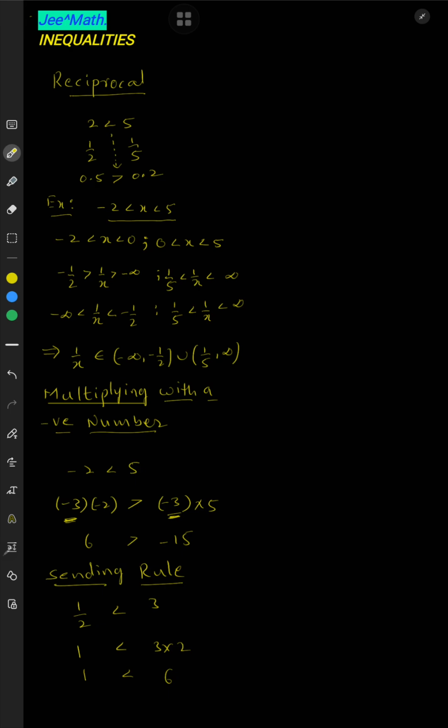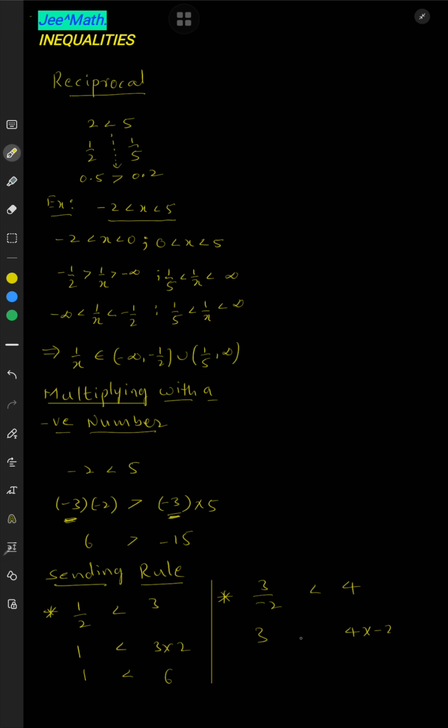What about when we send negative numbers to the other side? Suppose 3 by -2 is less than 4. Now I am going to send this negative number to the other side. Then we get 3 here, and 4 into -2 here.